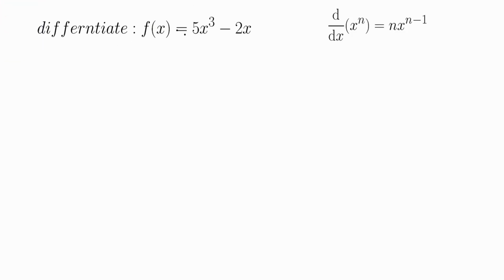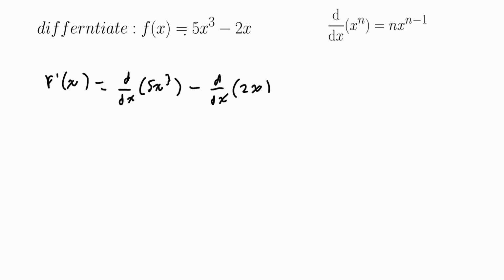So we can just differentiate these separately. So f prime of x is going to equal the derivative of 5x cubed minus the derivative of 2x. And so let's do this separately.